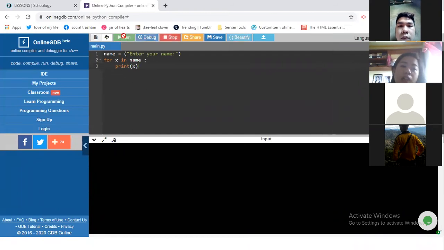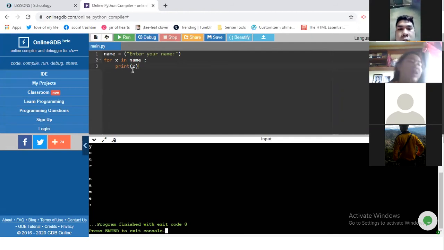Let's try to run this. Anong mali dito? Kailangan siya ng input, ma'am. Yes. Okay, galing. So, ang nangyari kasi dahil walang input, yung string, enter your name, napasok siya sa variable na name, and then yun yung piniprint niya.